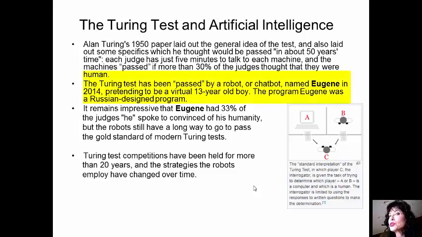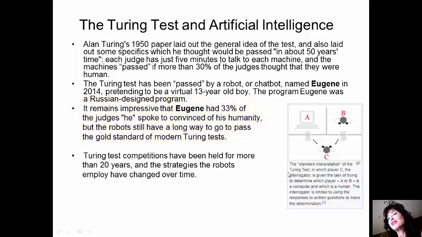It turns out this Turing test was passed by a chatbot named Eugene back in 2014, pretending to be a virtual 13-year-old boy. This program, Eugene, was a Russian-designed program. It was able to get the 33%, but that was because there were only 3 judges, and it was able to fool one of them.